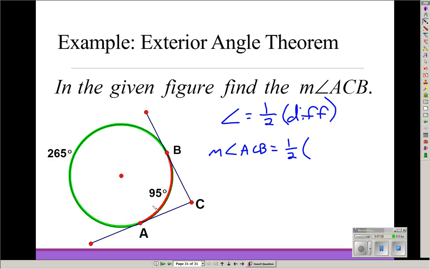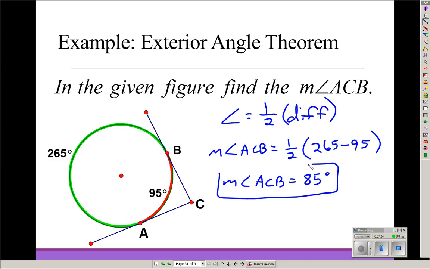That'll be the big one minus the small one: 265 minus 95. And half of 265 minus 95 is 85 degrees. When the intersection is outside the circle, the angle measure equals half of the difference of the arcs.